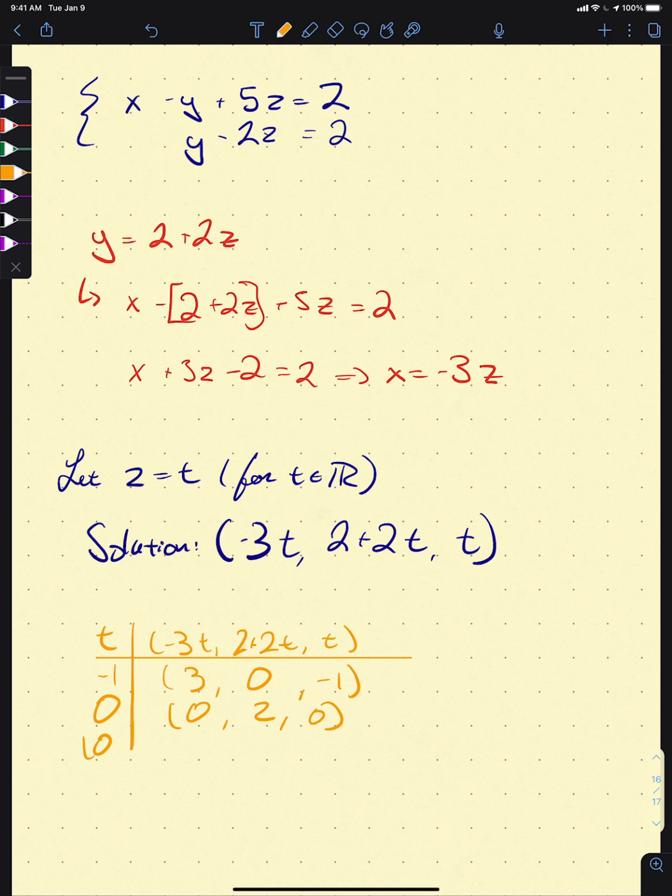What if we plugged in 10, right? We could get negative 30. That one looks like it's going to come out to 22, and then 10, right? All of these are valid solutions. Plug them into the system. Make sure they work. Don't just trust my word for it. Make sure this process makes sense, okay?